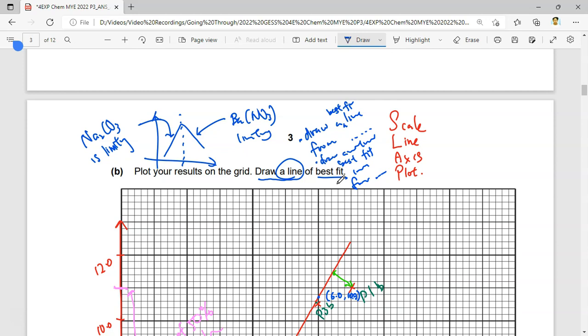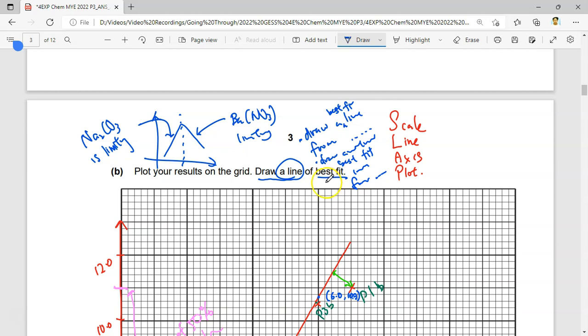So you say, can it be a curve or not? Can it be a curve? If you know the reaction, you know that as you add more and more products, actually it's proportional. Why? When I add more sodium carbonate, the amount of barium carbonate increase should be about proportional.